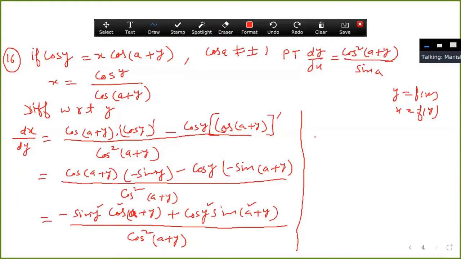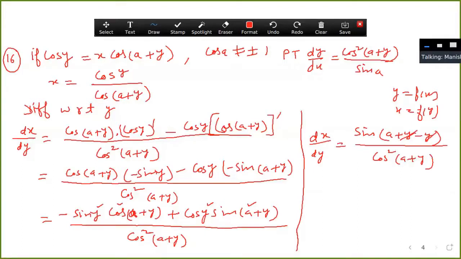Okay, this is dx upon dy, it will be written like this: sin of (a + y minus y) upon cos square (a + y).